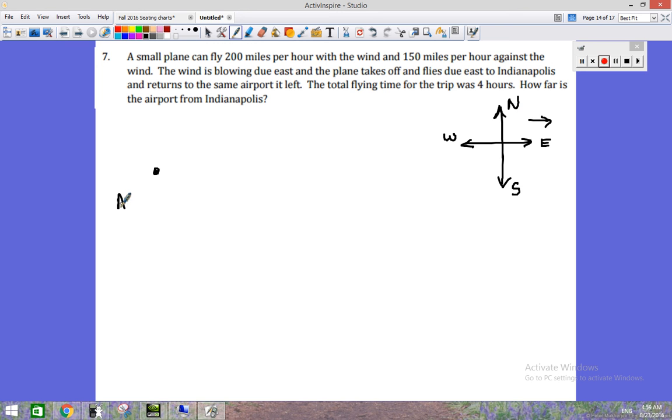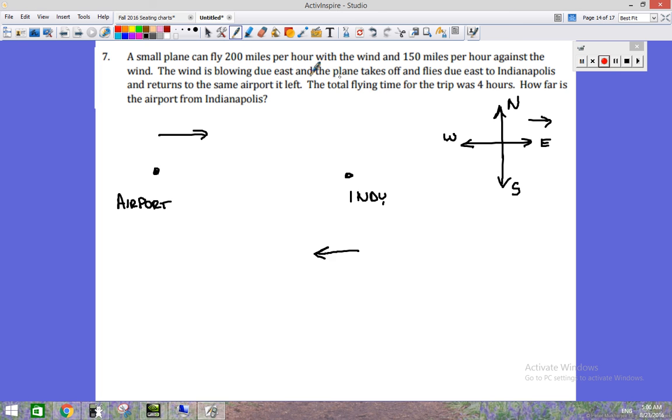So if this is the airport, then to the east of the airport is Indianapolis. And so the plane takes off and it's flying this direction initially, and then it turns around and flies back, right?